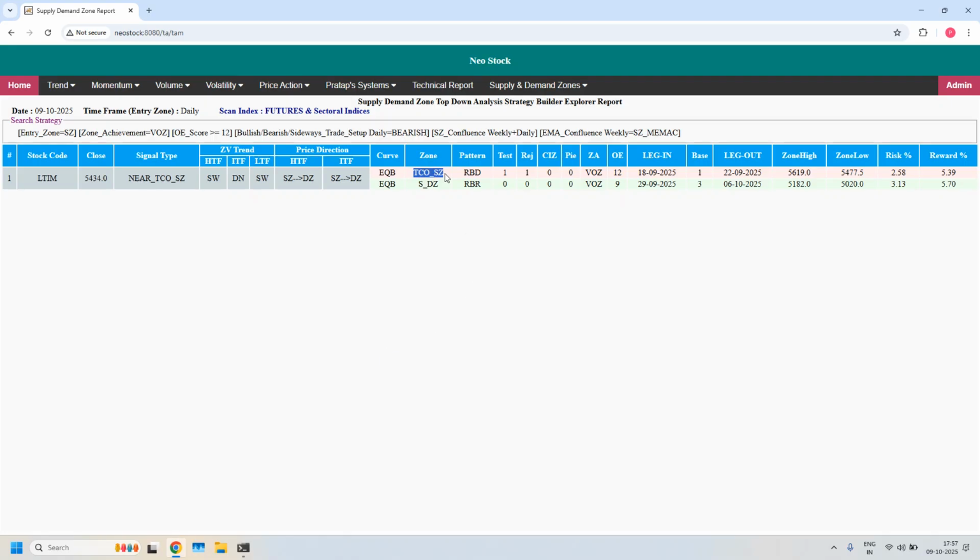So this daily supply zone might have a higher probability of success, provided less than 20 checklist items are satisfied. Otherwise, higher chances of zone violation. It is supporting the bearish trade setup, and it is also listed in the stocks near daily supply zone.